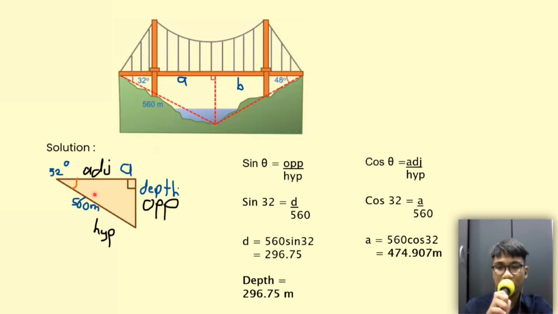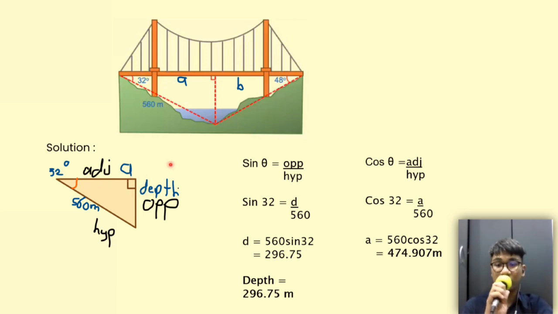As you all know, the longest part of the triangle is the hypotenuse, and this is the angle that we are given, which is 32 degrees, and this length is the opposite because it is opposite the angle that we are given, and this is the adjacent because it is between the angle and the opposite.